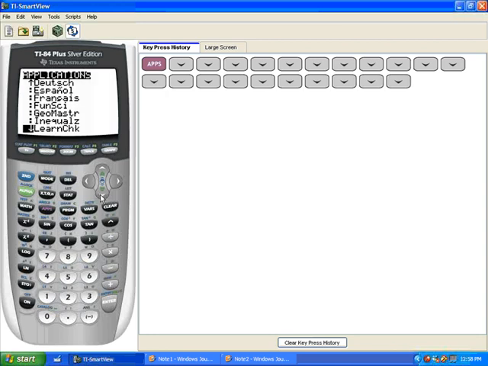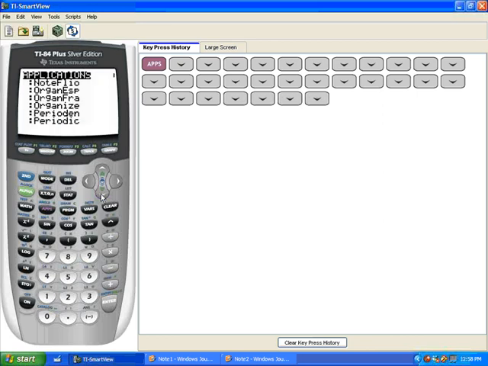Going to get to it here pretty soon because it's under Science Tools. There it is. You have to scroll down pretty far, but there it is.